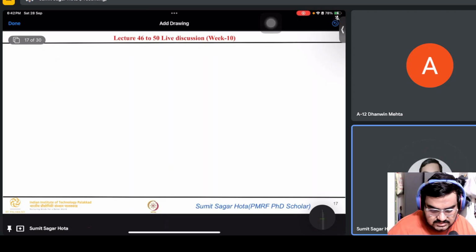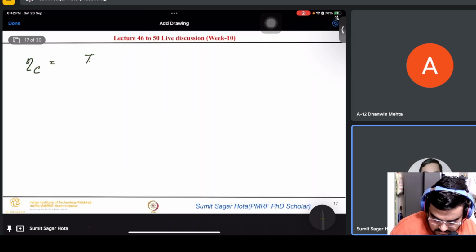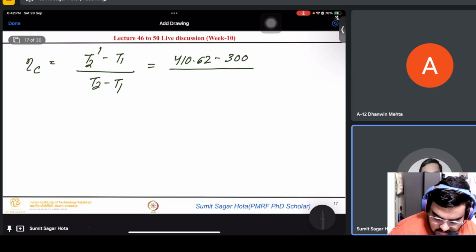So next we have the efficiency of the compressor: T2 dash minus T1 divided by T2 minus T1. That is 410.62 minus 300 divided by 425 minus 300.